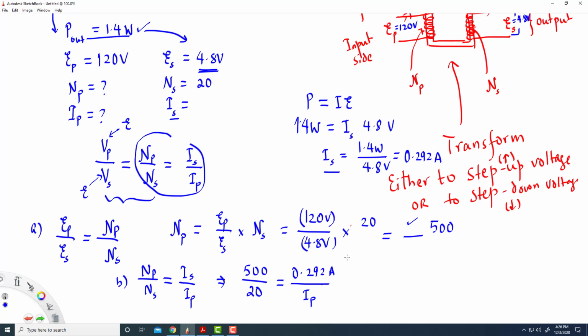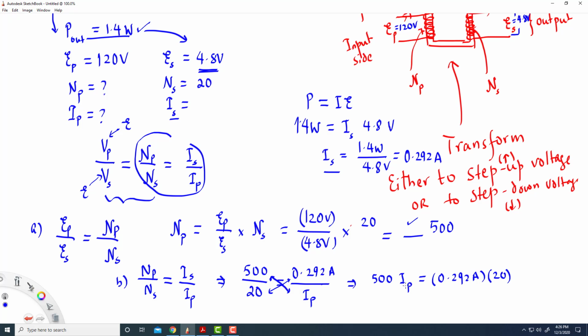So in order to find IP, we can do the cross multiplication. Take this IP to the left and this 20 to the right. So that gives us 500 times IP is equal to 0.292 amperes times 20.